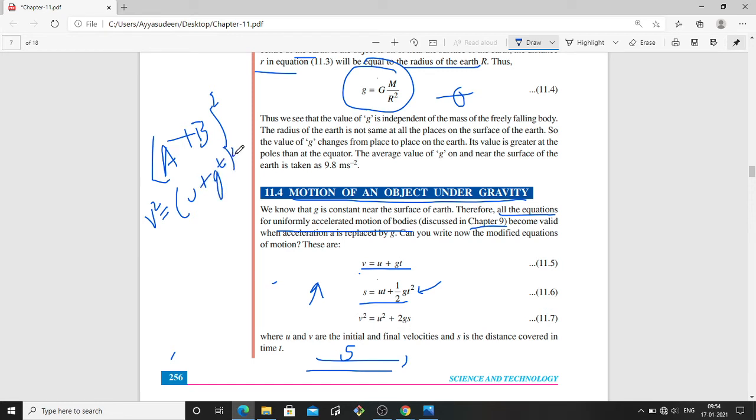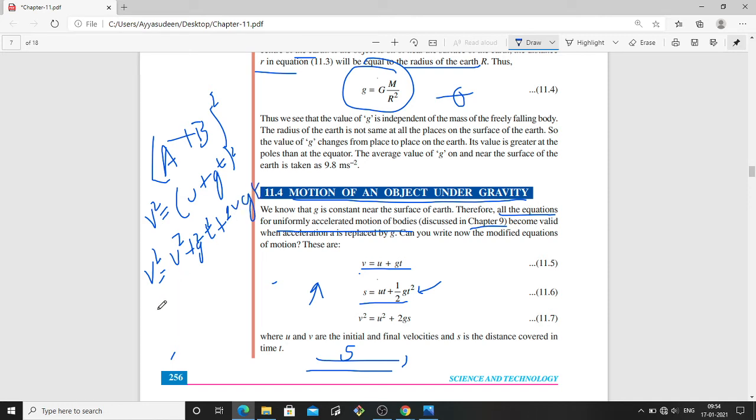Now we apply the (a plus b) whole square formula. So it becomes v square is equal to u square plus g square t square, that is b square, plus 2ab, so 2ugt.